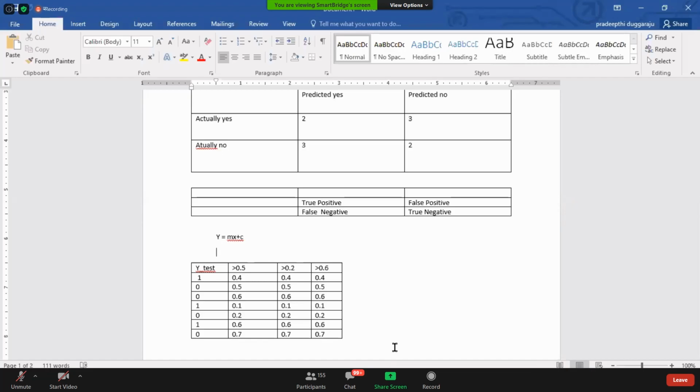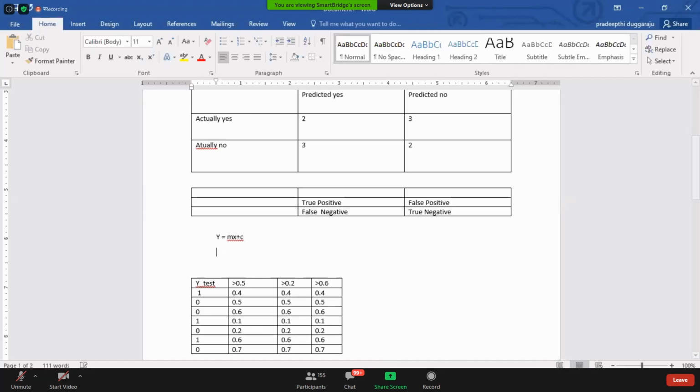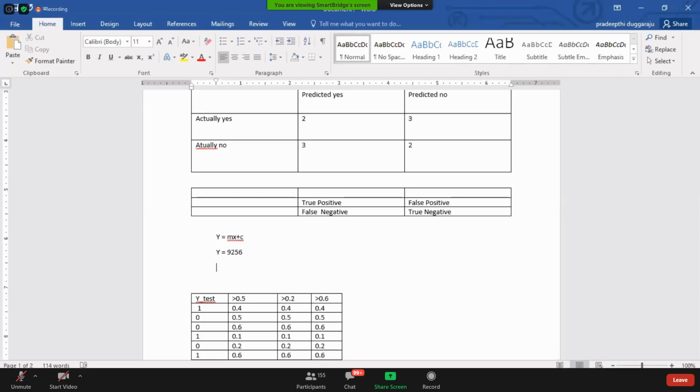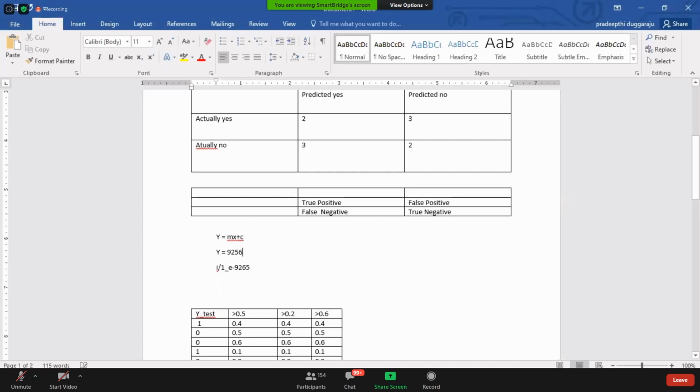So first, as in linear regression, you get y is equal to mx plus c, and you get a value of y, something like 9265. Now you apply it to a formula, which is 1 by 1 plus e power minus 9265. So this will give the answer in the range of 0 to 1.